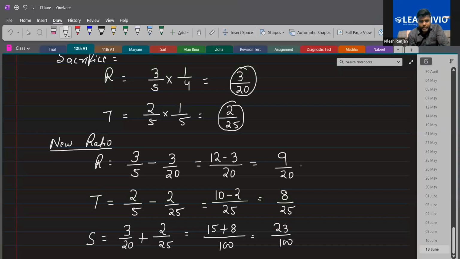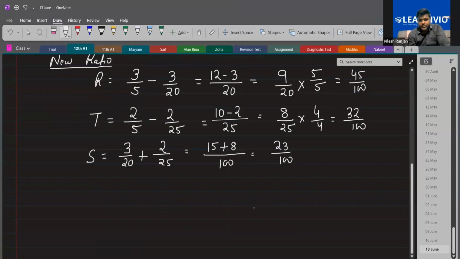Now to make the denominator same, it will be 32 by 100. It will be 45 by 100, and it is 23. So the new ratio will be 45, 32, 23.